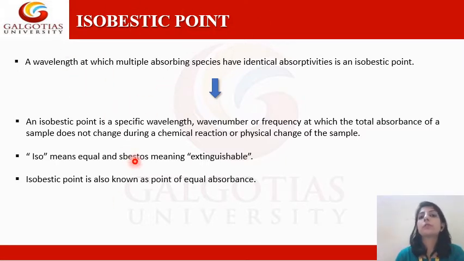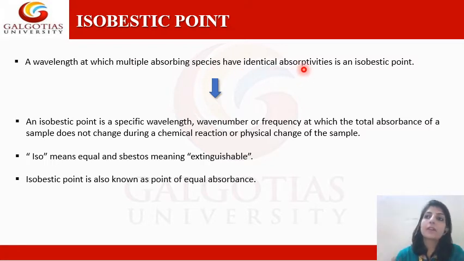Now we have an isosbestic point. The isosbestic point is also a specific point which we use for identification, generally used for identification in case of indicators. So what is an isosbestic point? It is a wavelength at which multiple absorbing species have identical absorptivities.